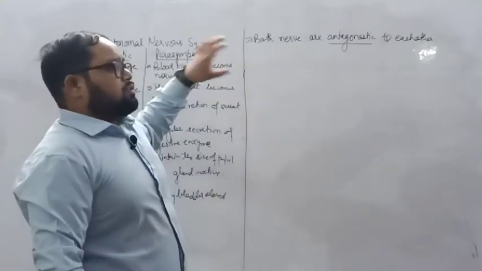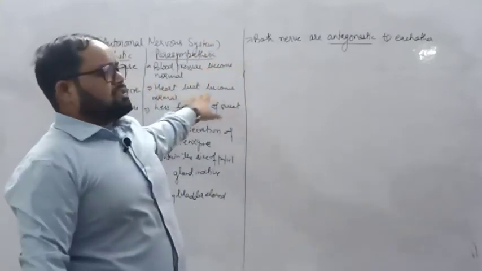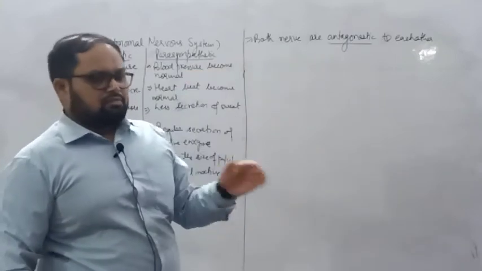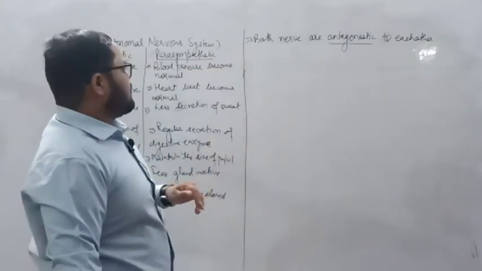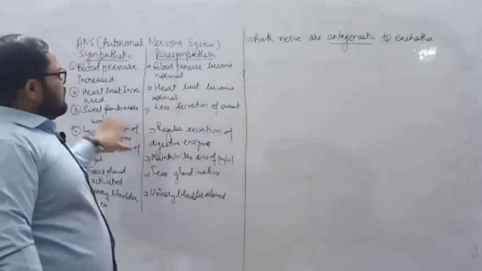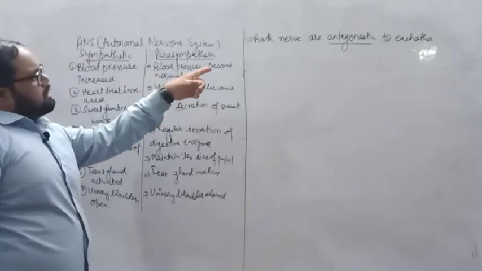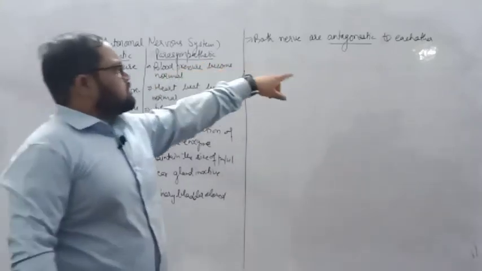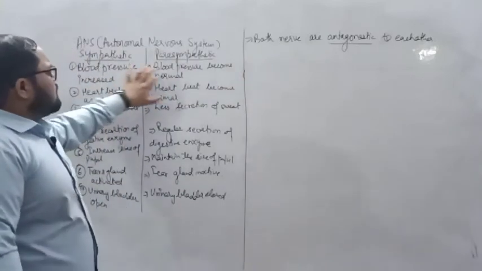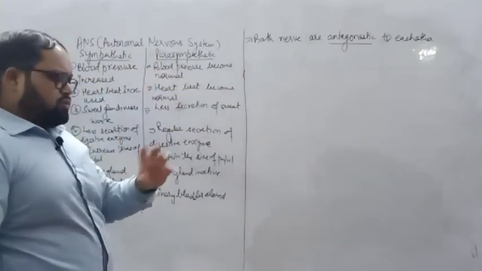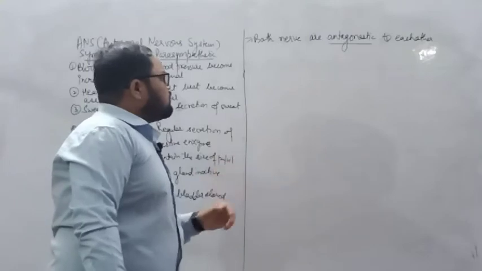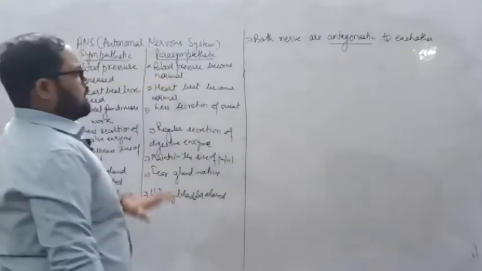Basically there are so many nerves in our body which are antagonistic to each other. But in your course, if the question is about antagonistic nerves, you will only write sympathetic and parasympathetic nerve. Points should be clear. Now this one is the part of ANS.